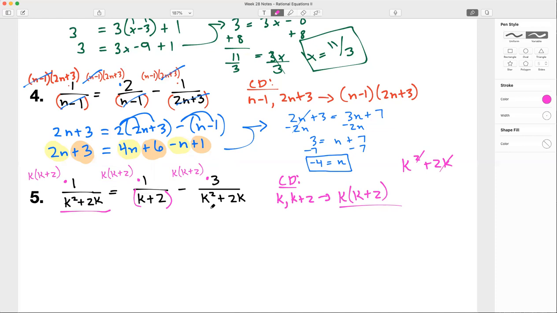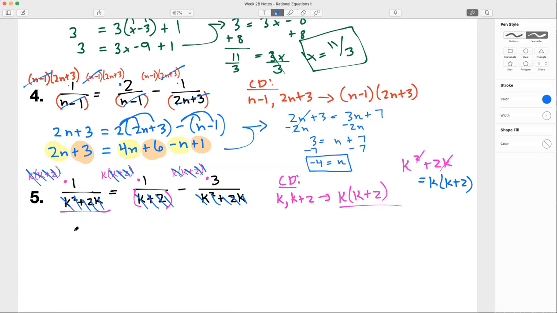Okay, well that's cool. Now we need to cancel. Don't forget to cancel. All right, so really this whole thing here is a k times k plus 2. So it's the same thing as this. So that just cancels with that. That's the same thing, right? Because this equals the k times the k plus 2. All right, and the k plus 2 cancels with the k plus 2 there. And then again, this is the same thing as the k times the k plus 2, so those can cancel.